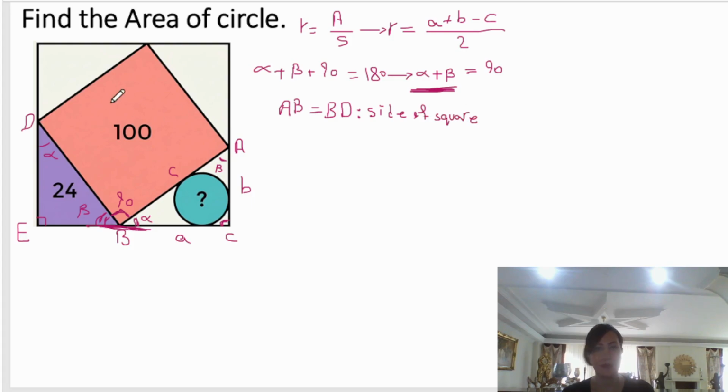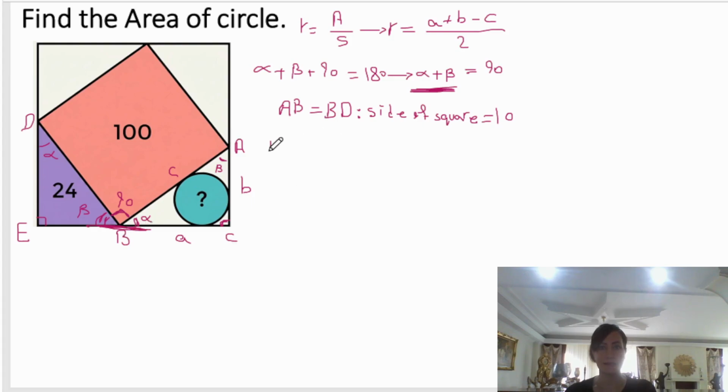Which is the square? This is the square. If the area of a square is 100, the side of the square would be 10. We know the area of a square is the side to the power of 2. So if I take a root, it gives me 10. So the side would be 10. So these two sides are equal to 10.